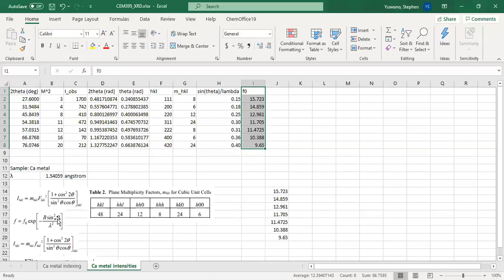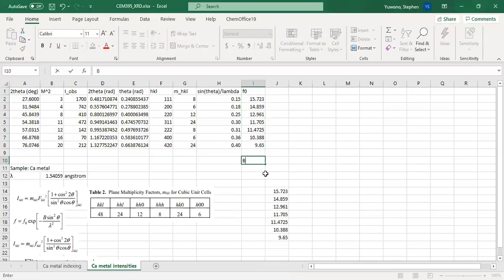So to take that into account, we need to use this formula where there is this exponent term which will give us the temperature dependence. And B here is the Debye-Waller factor or constant. That is something that we will have to play with. So I will start with a value of 1.5, which is a normal value for inorganic crystals at room temperature.